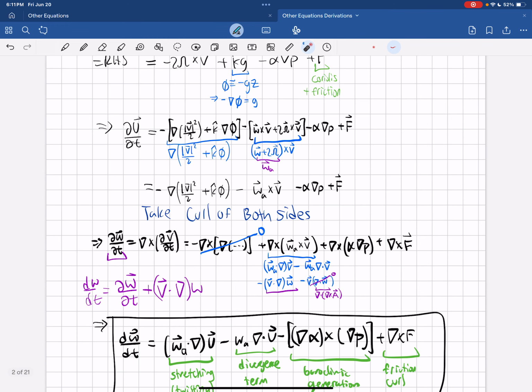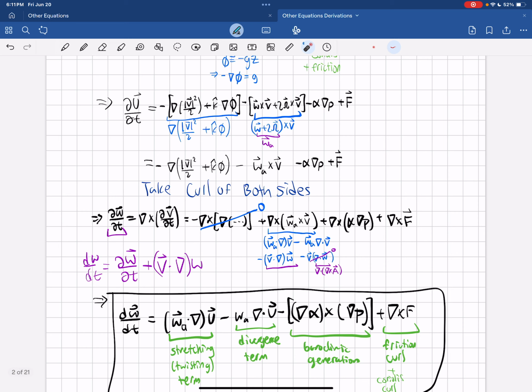Now that I made that definition, it looks like this. Now we want to solve for the curl: we want omega equal to the curl of v. To get a tendency of it, we take the curl of both sides of this equation. Sorry that the u's are sometimes not what I had written earlier, but it's essentially the same thing.